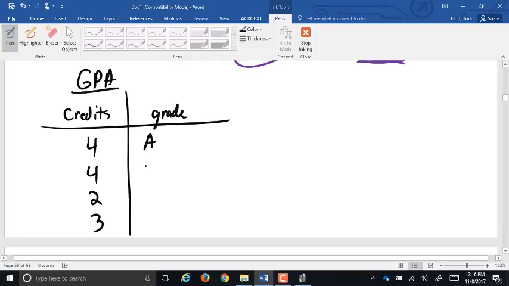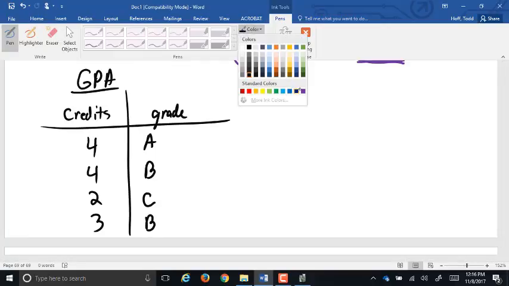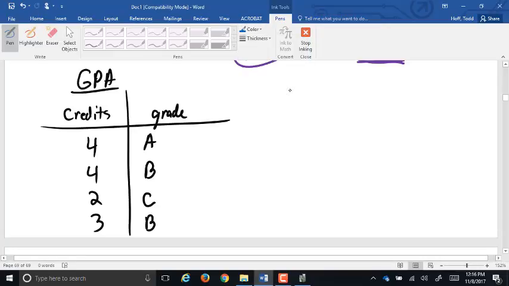Let's say you get an A and a B in your 4-credit classes. You get a C in your 2-credit class and a B in your 3-credit class. Your GPA would be calculated. Of course, you have to assign the numbers to the grades. An A is a 4, B is a 3, C is a 2, and B is a 3 again. That's off the grade point scale.